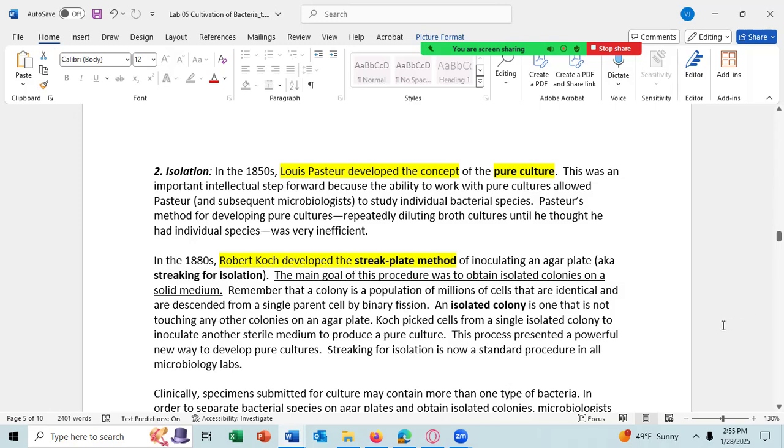And if he got growth in only one tube and 9 of the other tubes did not have any growth, he correctly concluded that the one tube of growth was likely to be a pure culture started by one or a few cells. And he was correct that if you do that and you get a dilution where only one tube has growth and 9 of the other tubes do not have growth, he likely got a pure culture.